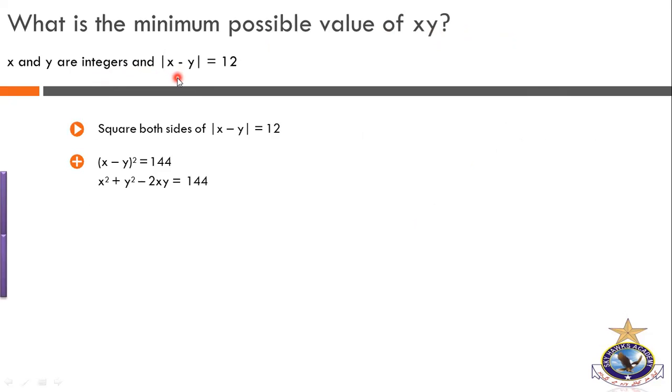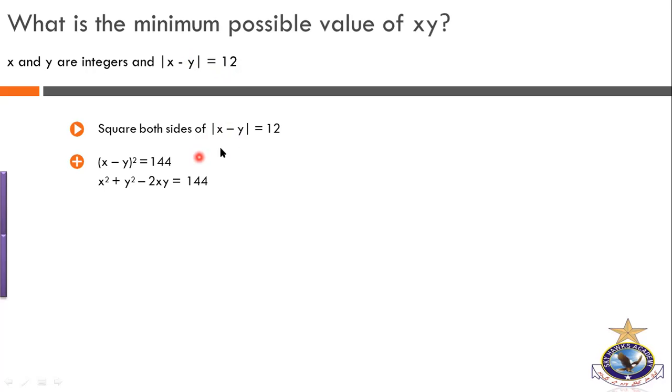The first thing is to get rid of this absolute sign, this mod sign. We can call it the modulus or the absolute value. This is the only information which is given over here. Are you getting me?